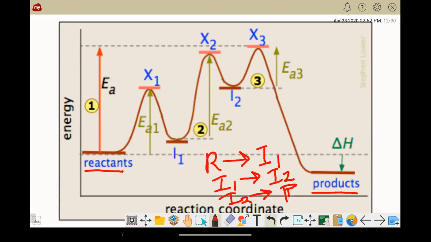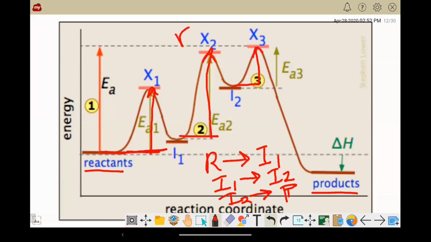And so as we look at these diagrams, the reaction with the highest activation energy, which is the energy difference between the reactants of that step and the transition state, the step that has the greatest activation energy will be the slowest or rate determining step.